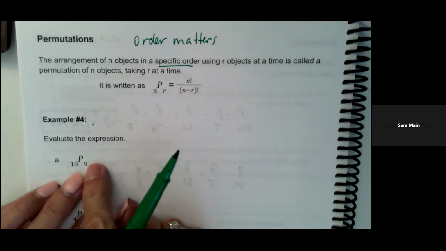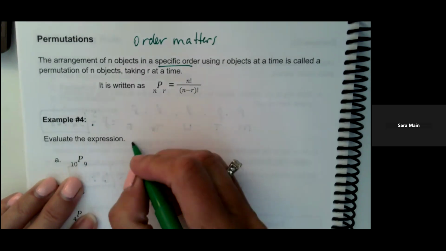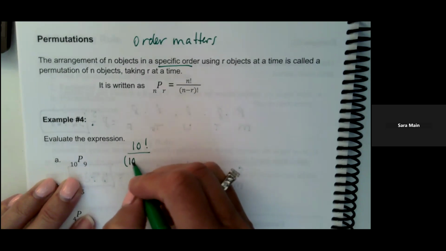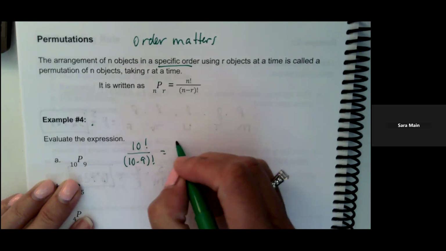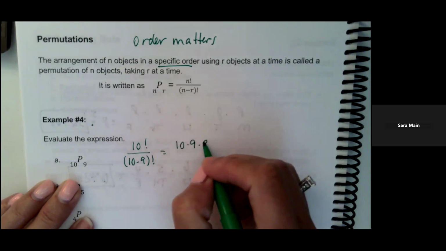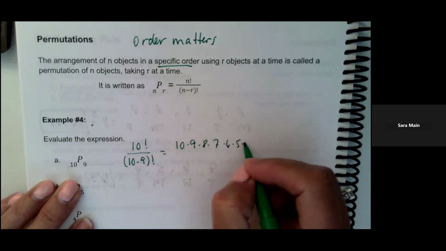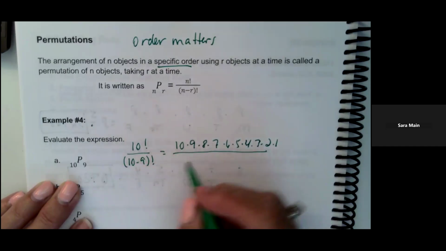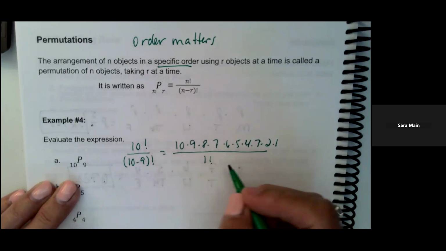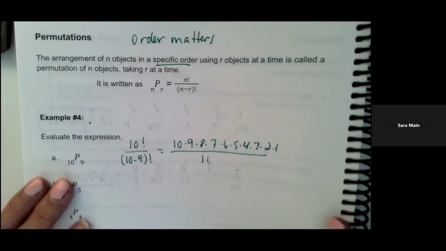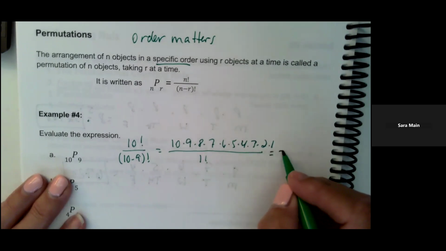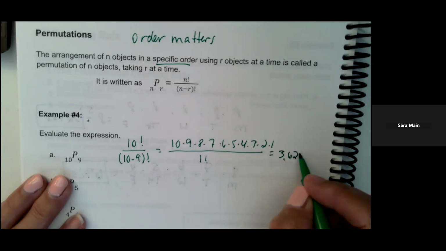So if we wanted to do 10P9, it's really 10 factorial over 10 minus 9 factorial, which is 10 times 9 times 8 times 7 times 6 times 5 times 4 times 3 times 2 times 1 all over 1 factorial, which is just 1. And so that comes out to be 3,628,800.